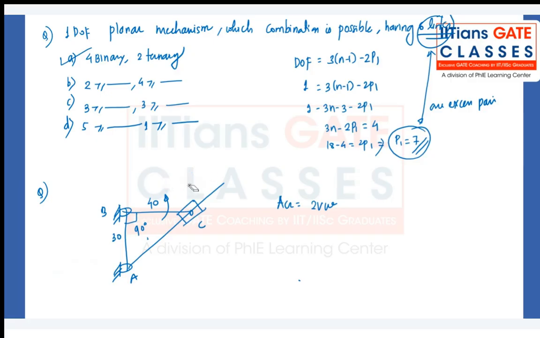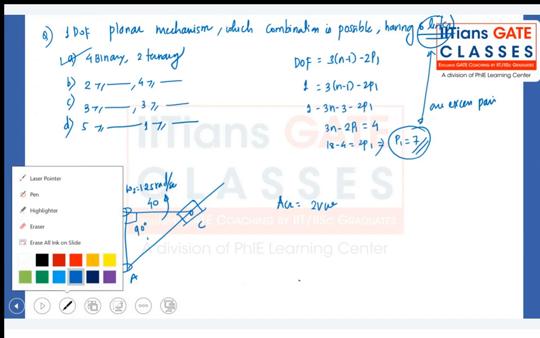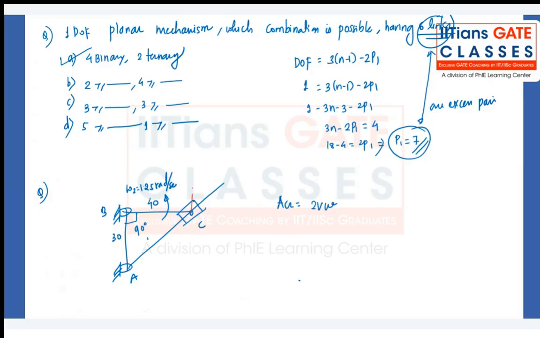Omega 2 is equal to 1.25 radian per second. This we know. I'll draw the velocity diagram in red. The velocity of link BC will be perpendicular to that. The velocity of this link will be perpendicular to this, and the velocity of the slider will be in this direction. So this is Vs. This is my L4 omega 4. This is my L1, this is my L2, third is your slider, and this is my L2 omega 2.